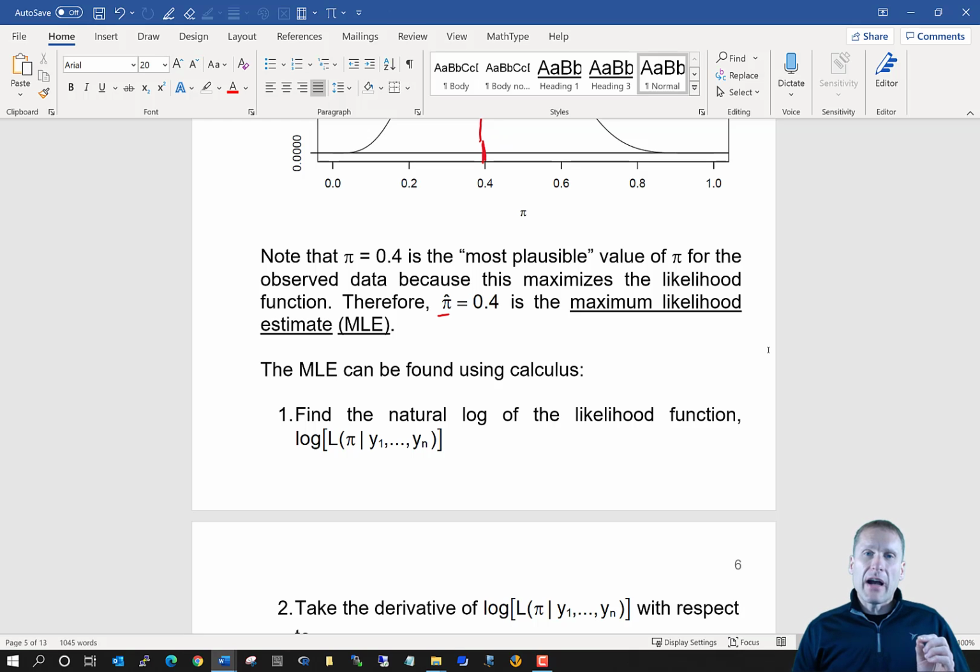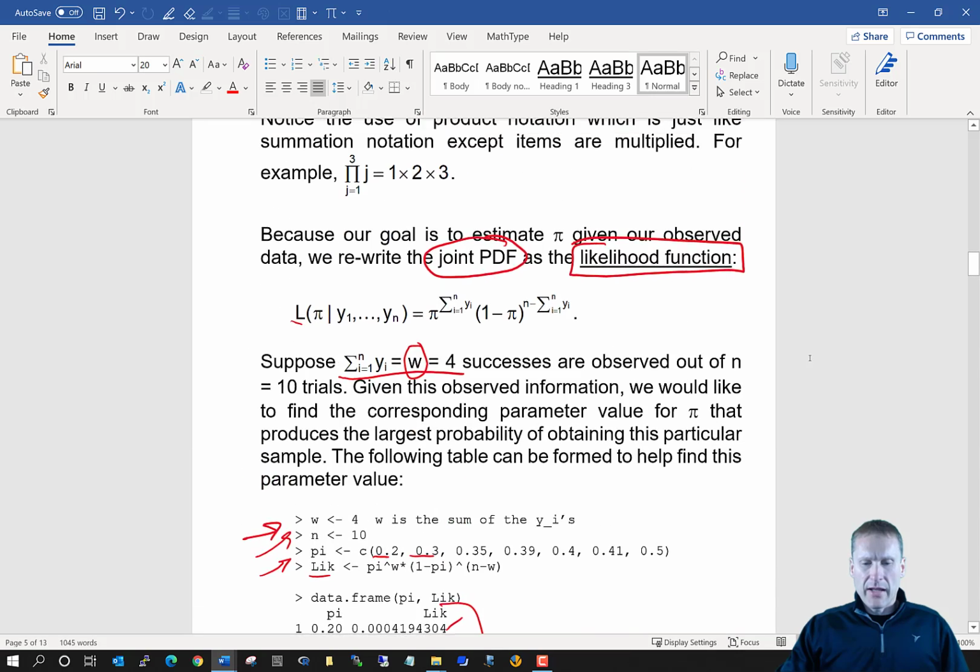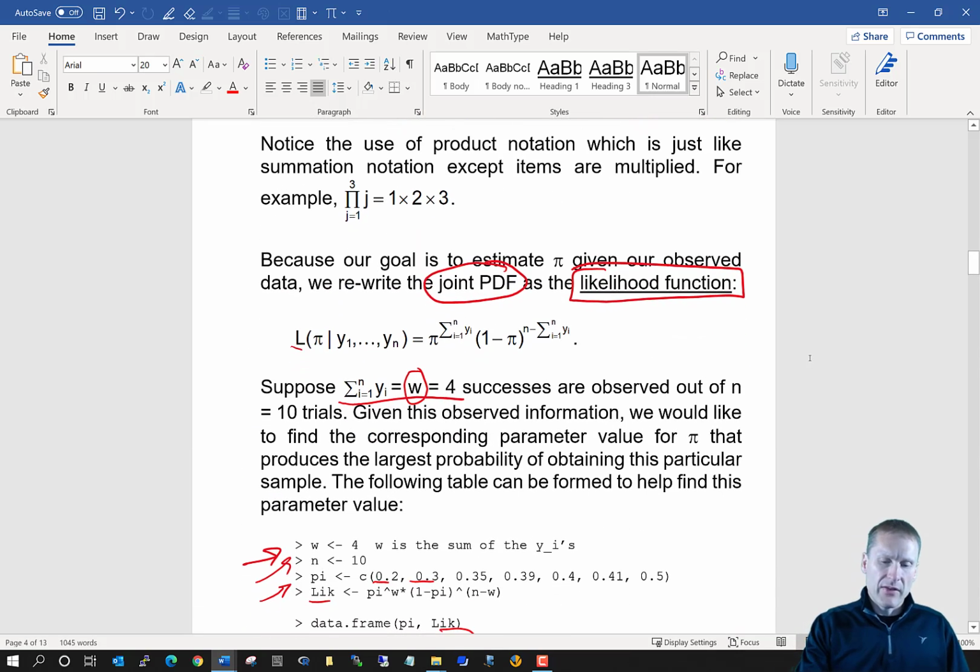Here we can apply those same techniques that you would learn in a calculus class to now, instead of having to do this plot or construct this table, come up with a general form for what this maximum likelihood estimate would be. And before I do that, I just want to mention to you, notice we had 4 successes out of 10 trials. And I apologize if I didn't mention before that we had 10 trials there.